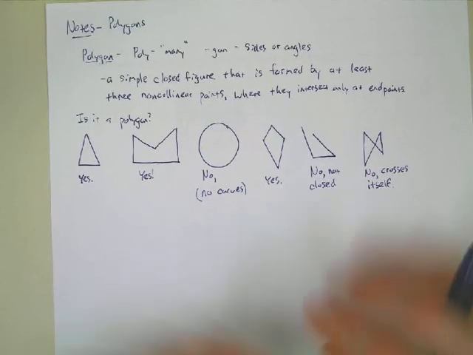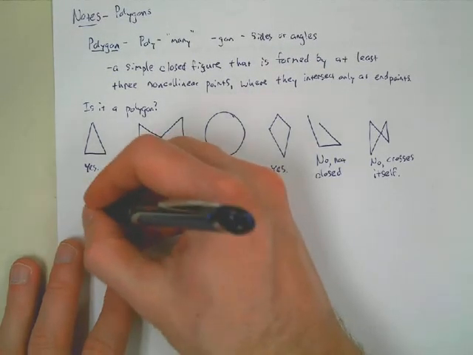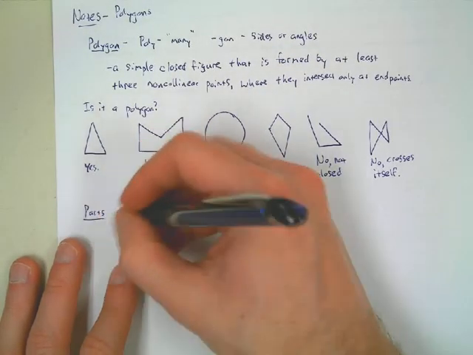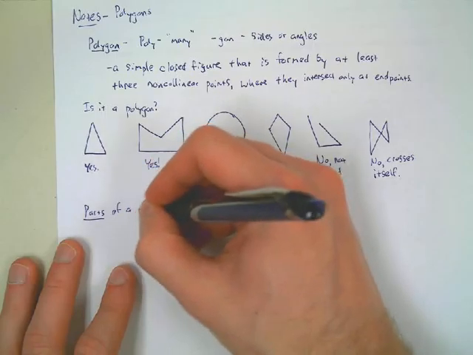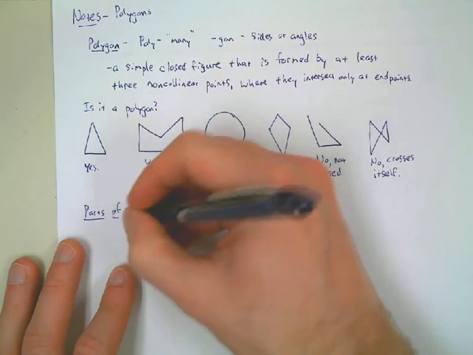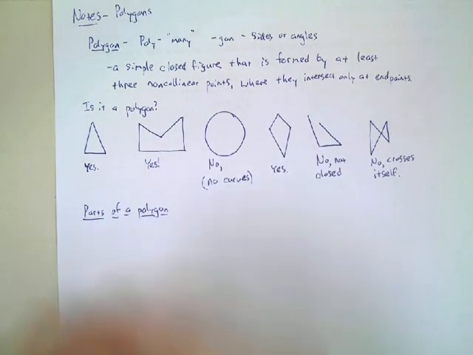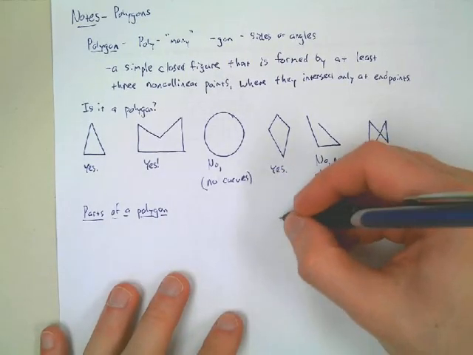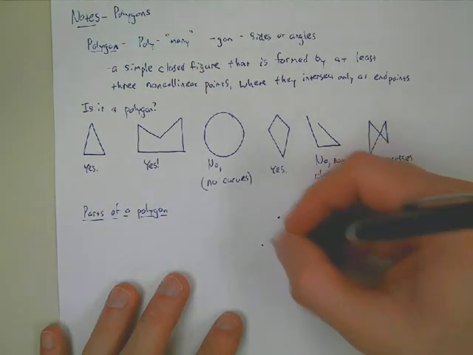That's right. Okay. We also use a lot of vocab for the parts of a polygon too. So, for example, I'll draw a picture of a polygon over here so you can have something to refer to.